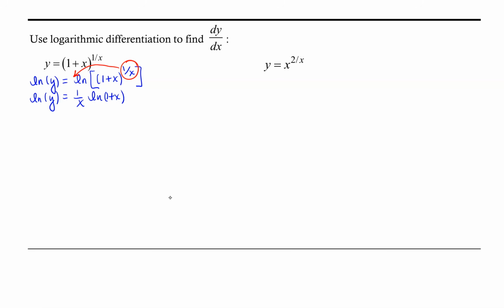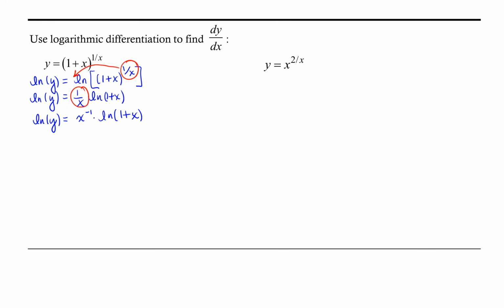And we're almost ready to find the derivative. We'll go ahead and rewrite this 1 over x as x to the negative 1 power so that it's ready for us to find the derivative. So x to the negative 1 power times the natural log of 1 plus x. Now at this point, we can go ahead and use implicit differentiation.